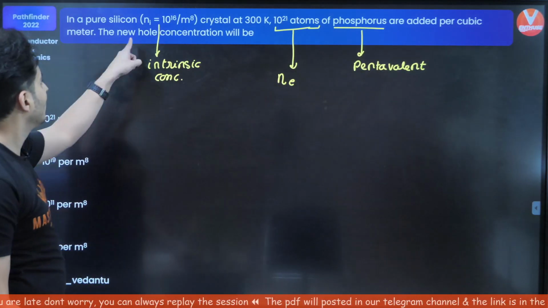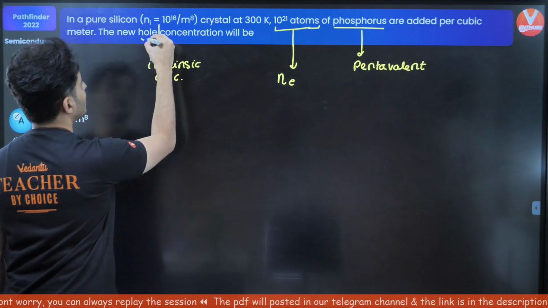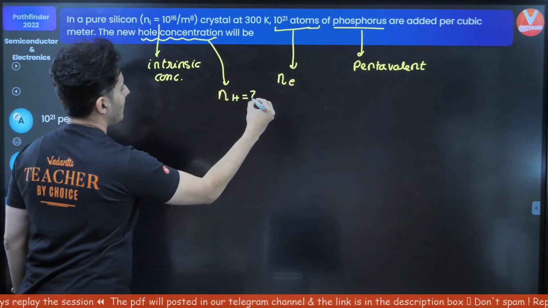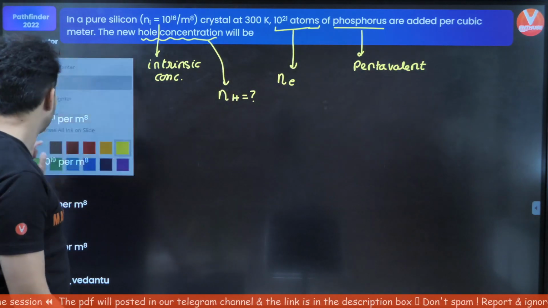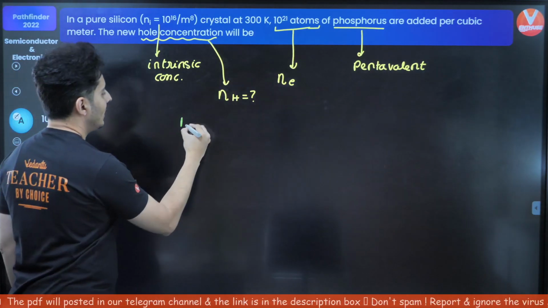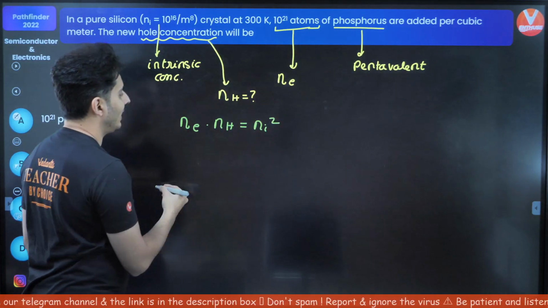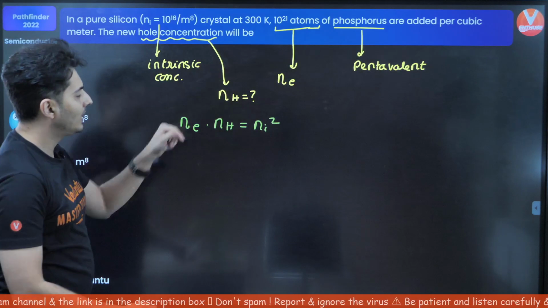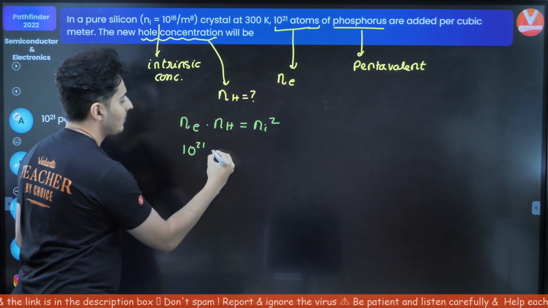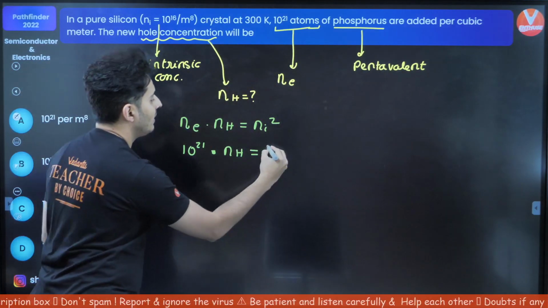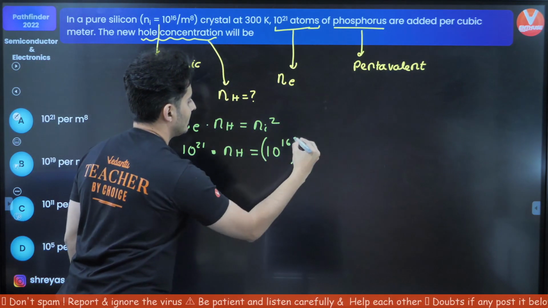What is asked? The hole concentration. So what is asked here is NH. Now I know which formula to use. Obviously, Ne into NH is equal to Ni square. Ne is 10 to the power 21, into NH, which I don't know, is equal to Ni, 10 to the power 16, whole square.